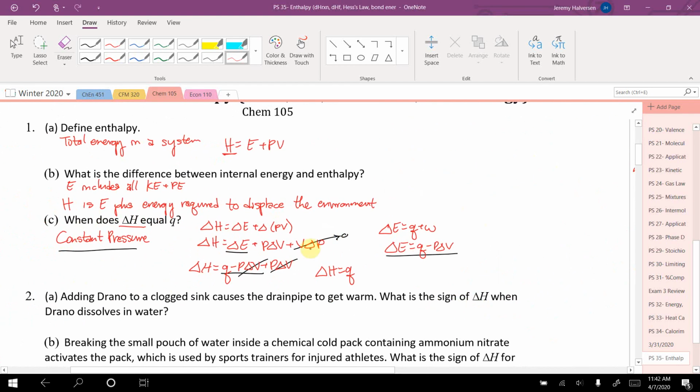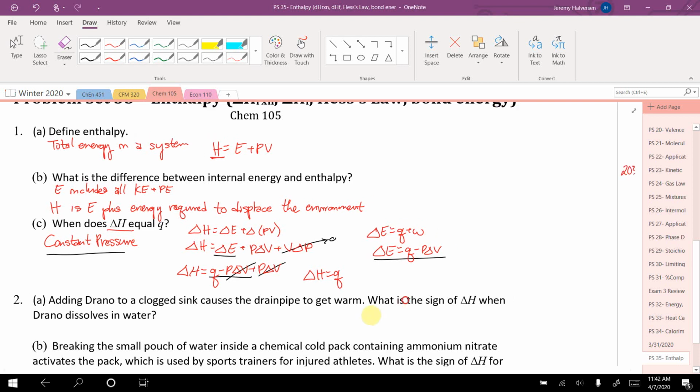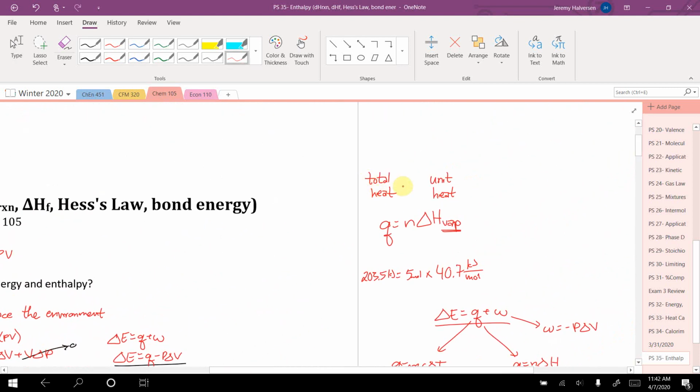Basically what this is showing is that theoretically, if pressure is constant, enthalpy only includes heat change. If pressure wasn't constant, there would be other factors of the system involved in calculating a change in enthalpy, but in this case, once you've calculated the total Q, you've calculated the total enthalpy change. So I could replace total heat and unit heat with total enthalpy and unit enthalpy.